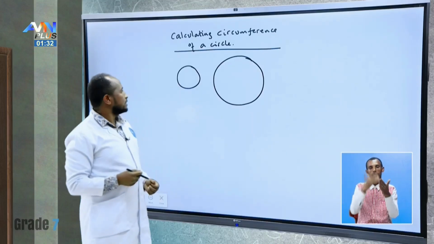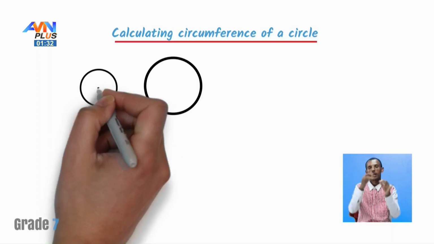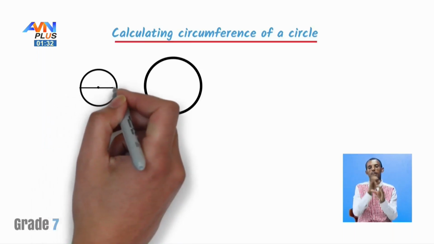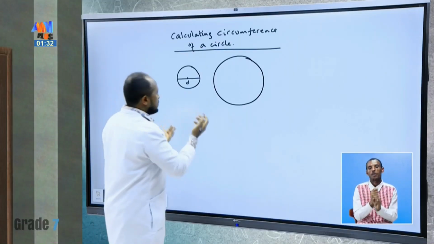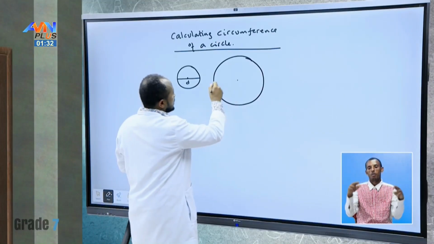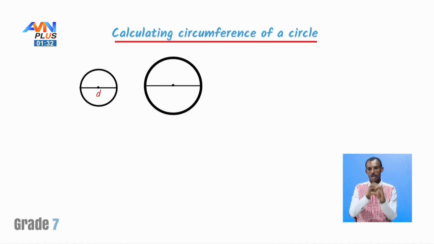Let's see that. Look. Here, measure first the diameter of this circle made of a string or a rope. Again, here you can measure the diameter of this circle, which is made of a rope.